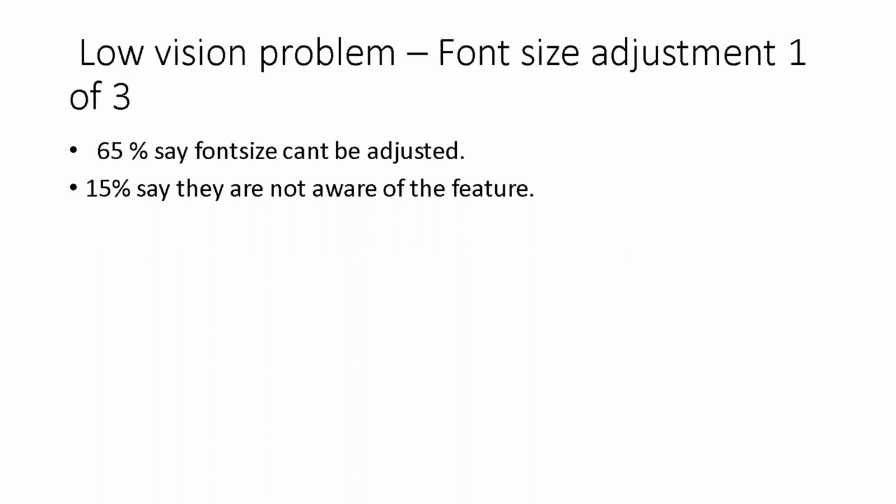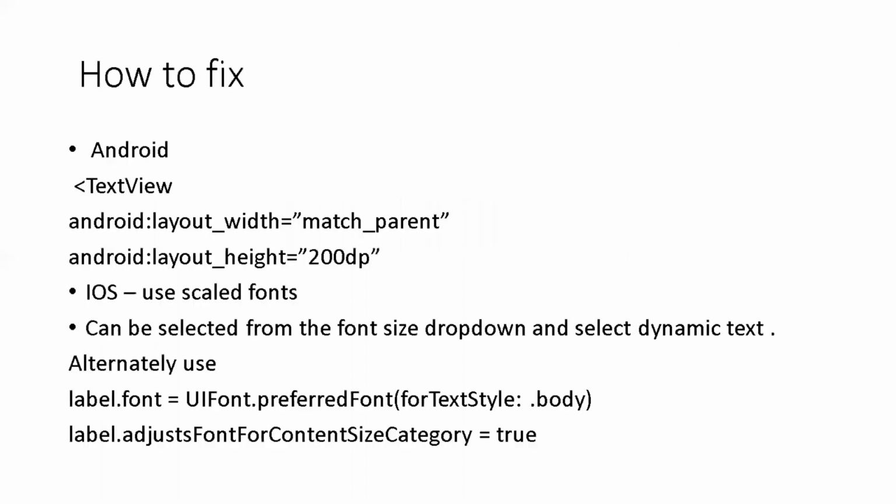Regarding dynamic sizes, you should use the font styles that are dynamic on iOS, or provide text views in layouts that can be expanded. Here is a code snippet that I'm showing on the screen. Probably will share this presentation after the webinar.